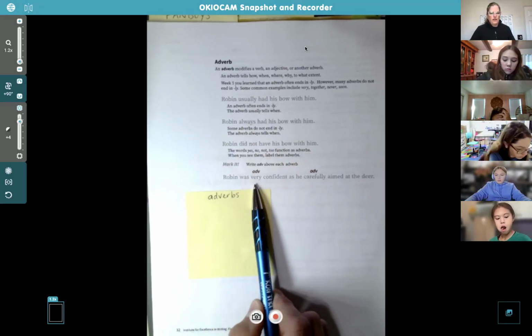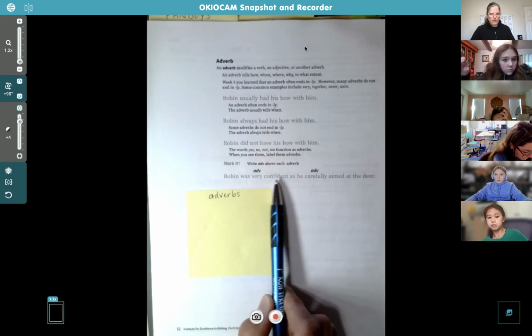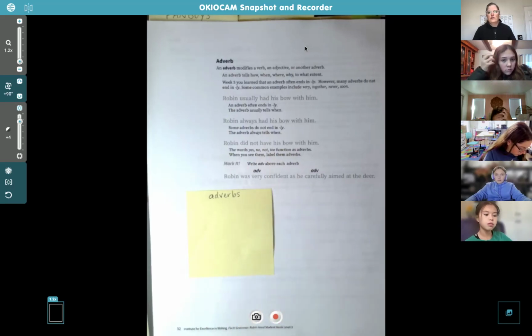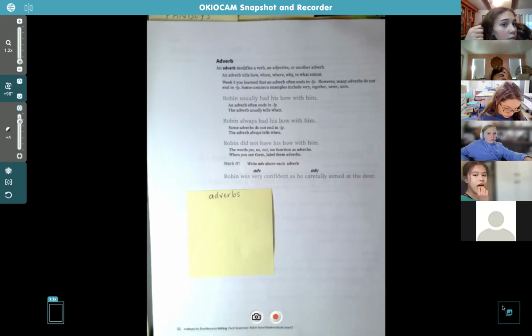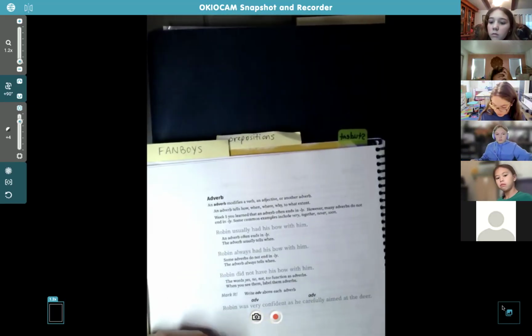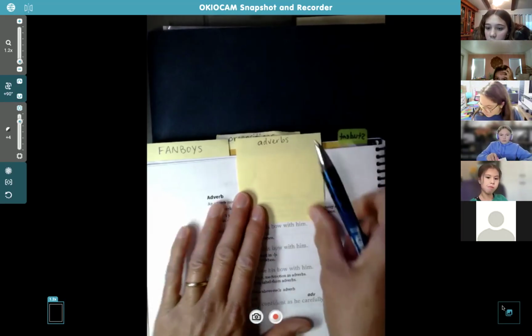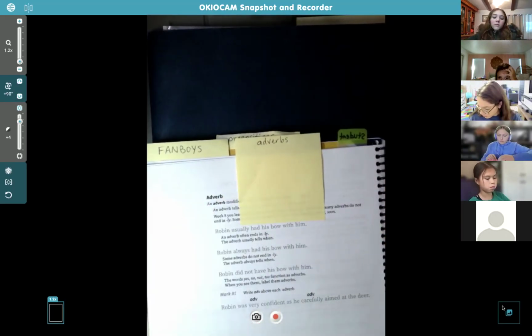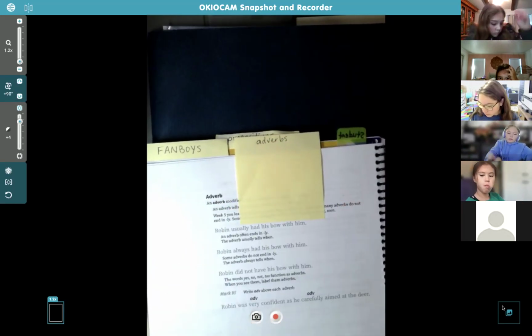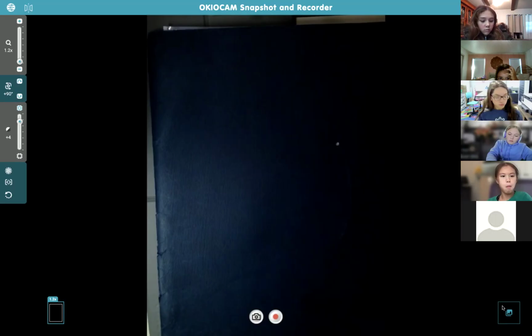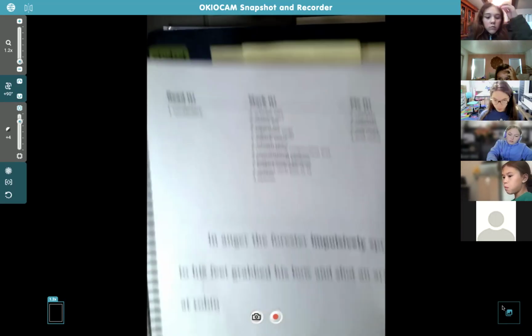So he was very telling what extent, very confident. And then carefully is the ly. That's an easy one to spot. All right, so go ahead and stick your Post-it on there. If you need that page later when you're doing your homework, stick it above so you can find it really quick. Because the adverb list is growing here.